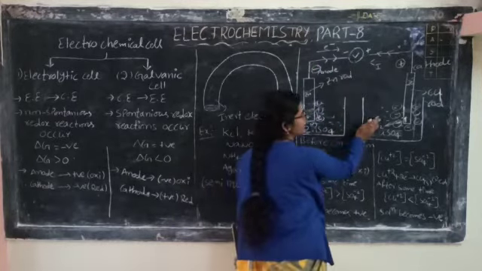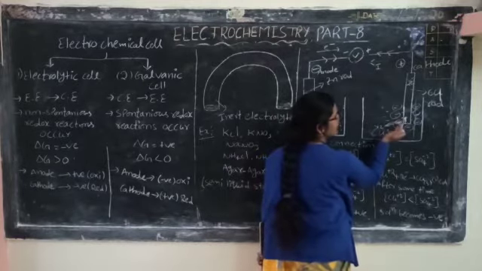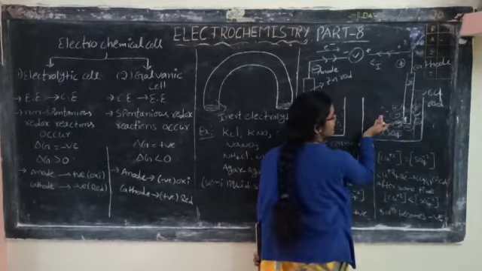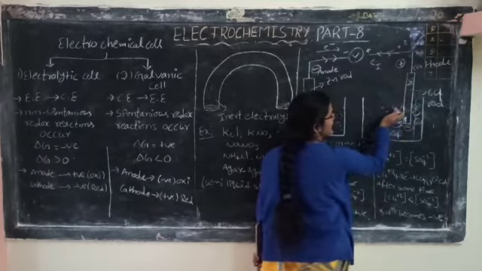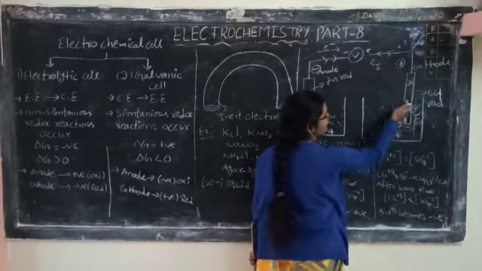And what happens in the second half cell? Here negative charges increase, so these 2 electrons are repelled by the negative charge of the solution because these are like charges. That's why these electrons are not entering the solution.